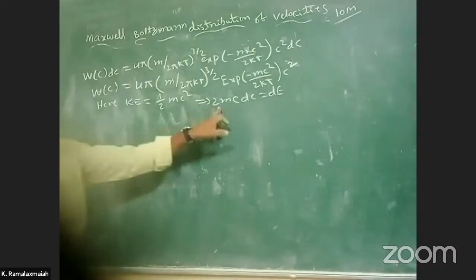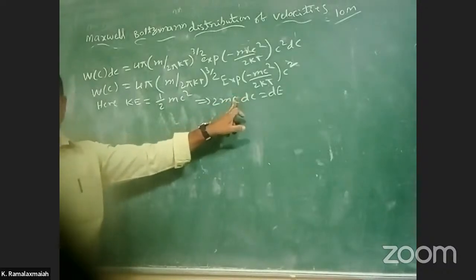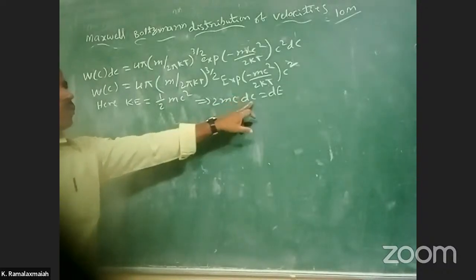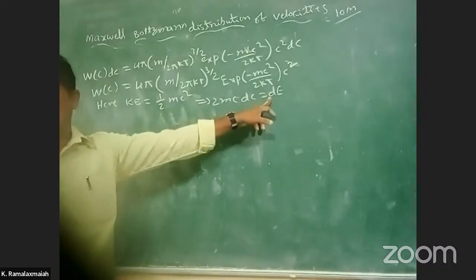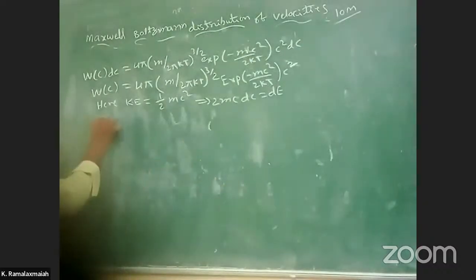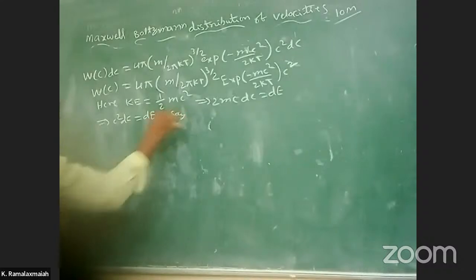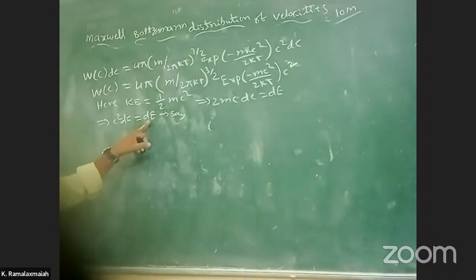We converted to 2mc dc is equal to dE. That is c square. c square dc is equal to dE. That is c.